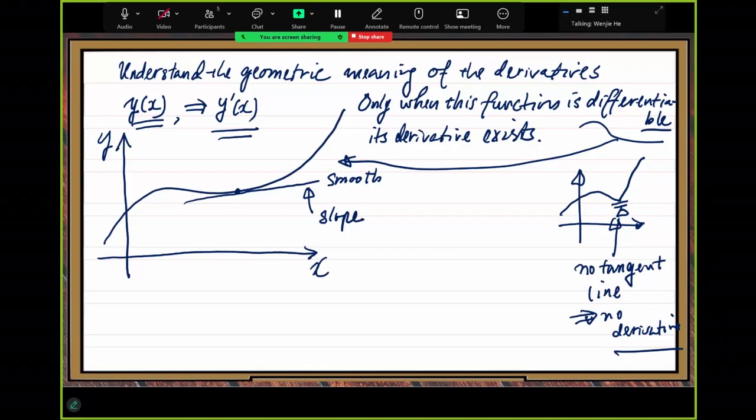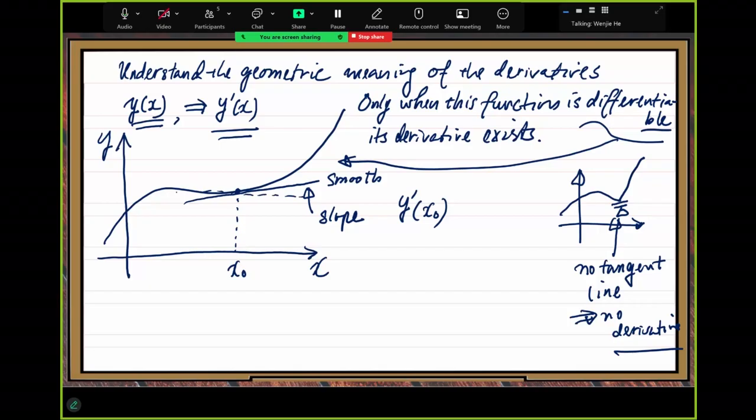Then, the geometric meaning of the derivative. Here, I want to give a special point, let's call it x0. We fix this particular point, x0. Now, we want to consider the derivative of this function at x0. What's the meaning of that? Because you can draw the tangent line here, there should be an angle.